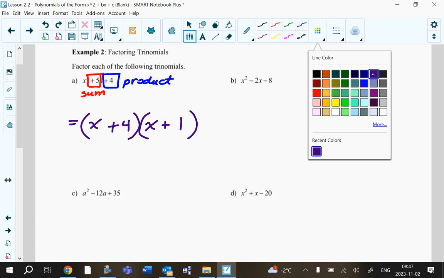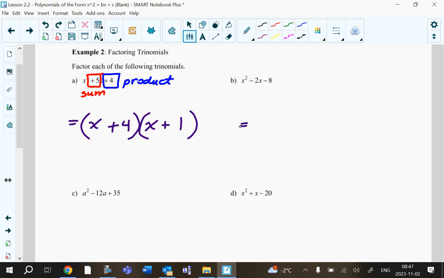So this next one, when you see one like this, automatically 2 sets of parentheses, because it's going to be 2 binomials, and the variable is x, so it's going to be x and x. And in this case, I'm looking for 2 numbers that have a sum of negative 2 and a product of negative 8.